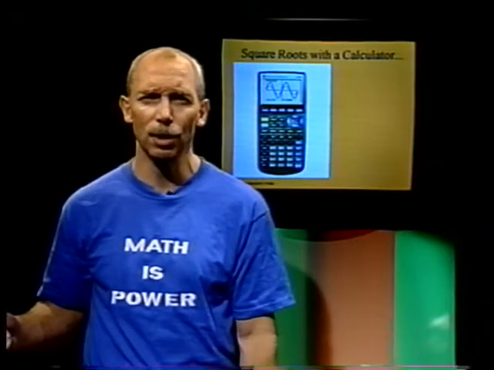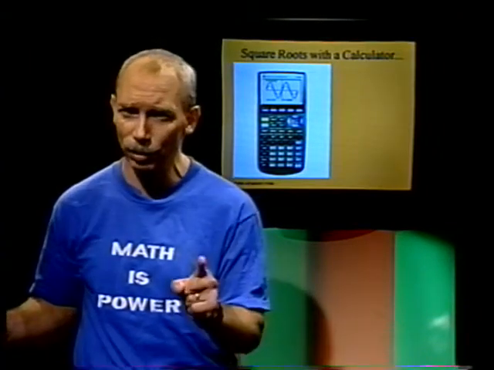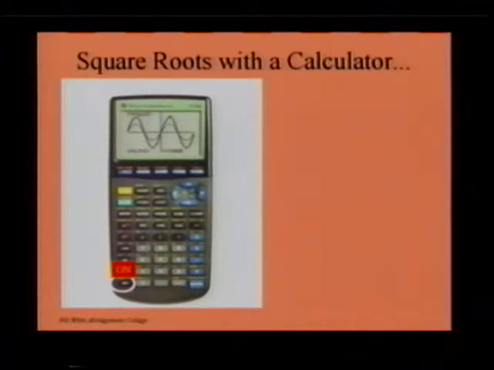Remember that you can take square roots with a calculator. You need to know a little bit of the trick. That, of course, the on button. This x squared button can be turned from an x squared button to a square root button by hitting the second button, the button that actually says second, and then hitting the x squared, and it becomes the square root button.